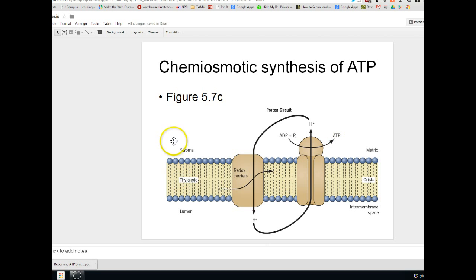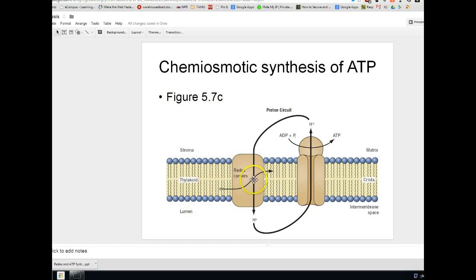So those electrons from the photons are converted into stored electrons, and finally it ends up as ATP. That's one of the things that we need from the light reactions, okay?